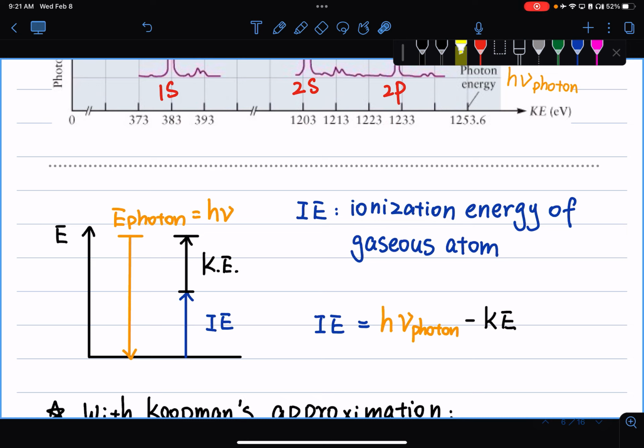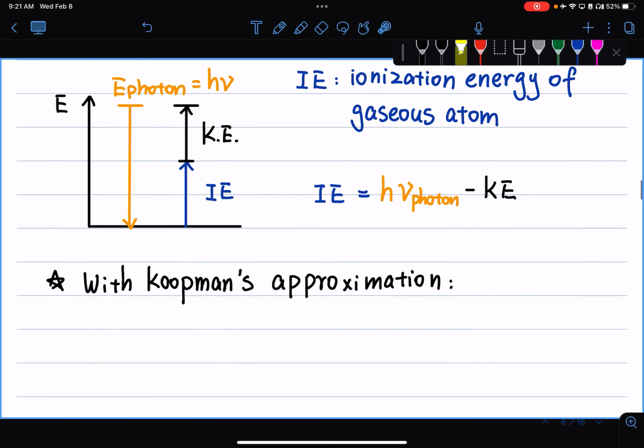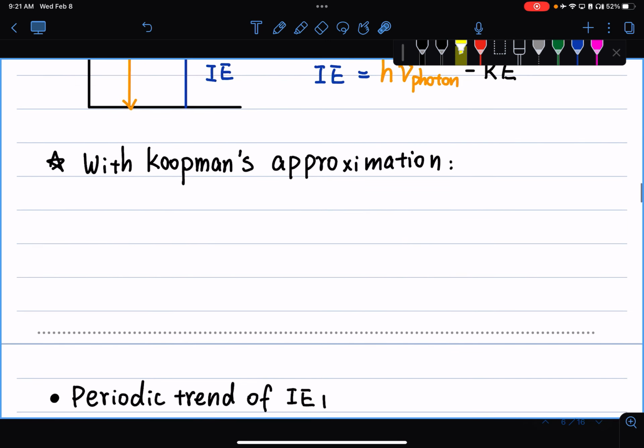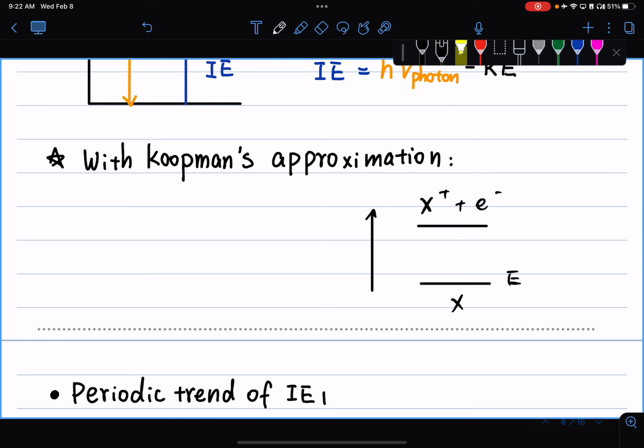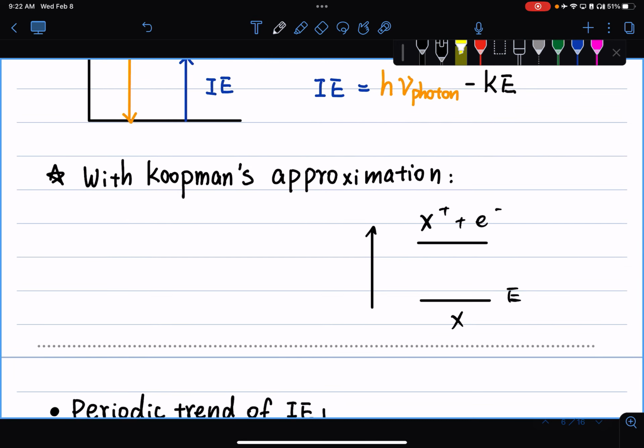And by using Koopmans' approximation, we can connect the ionization energy to the energy of atomic orbitals, right? So it's the same idea. As a product, that's X plus a free electron. And in the reactant, that's a neutral atom. And we're removing that electron from atomic orbital nl to infinitely apart.